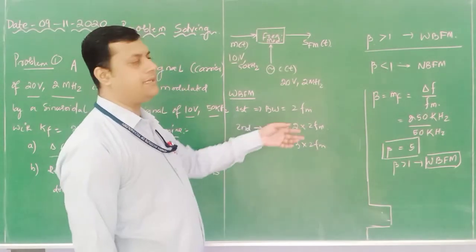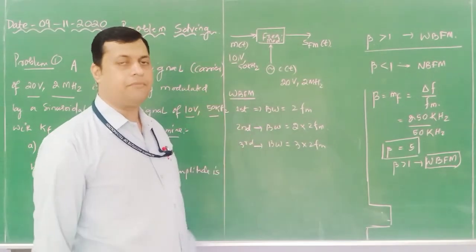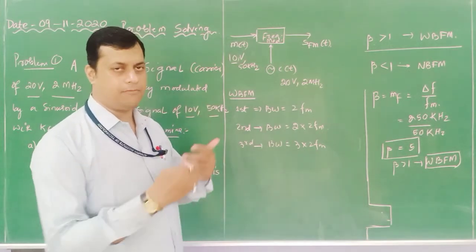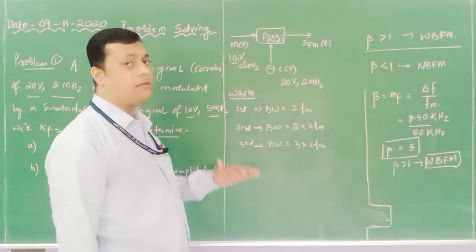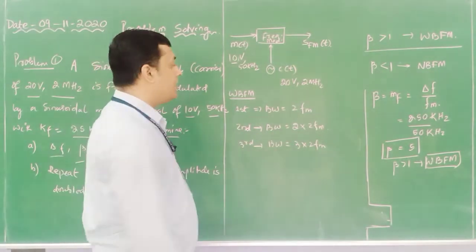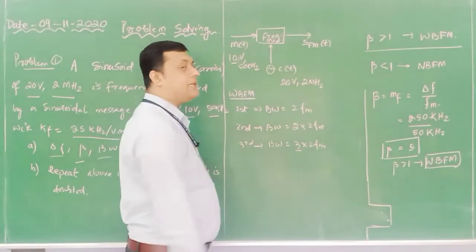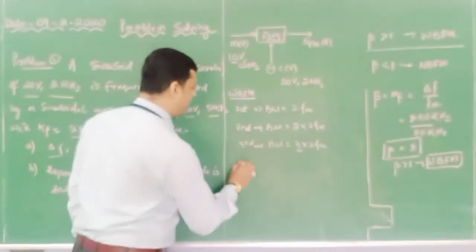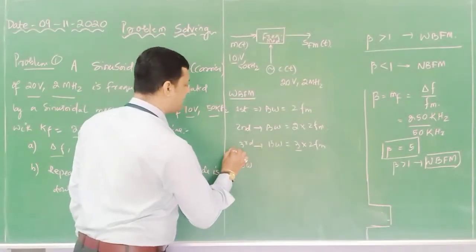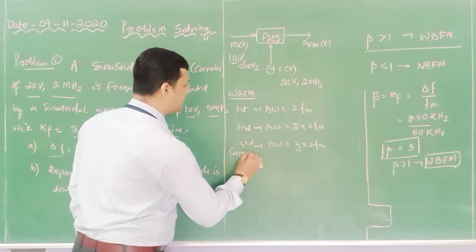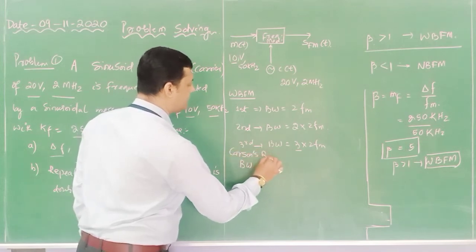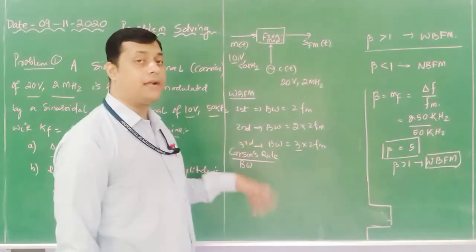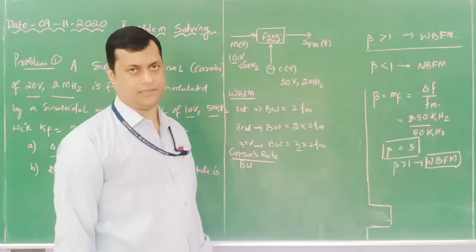So 2fm is the first order bandwidth. If we are determining second order, multiply by 2; third order, multiply by 3; fourth order, multiply by 4. This is nothing but a scale factor. Here Carson is a scientist who gave his rule to determine the bandwidth of a WBFM signal.